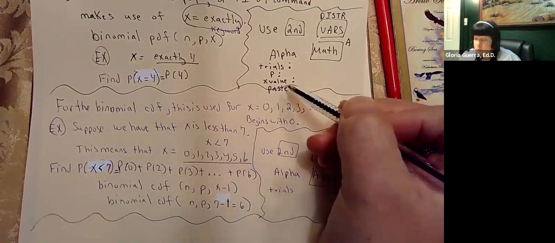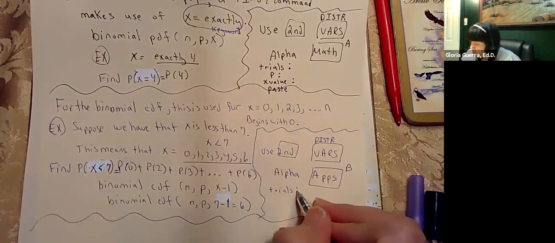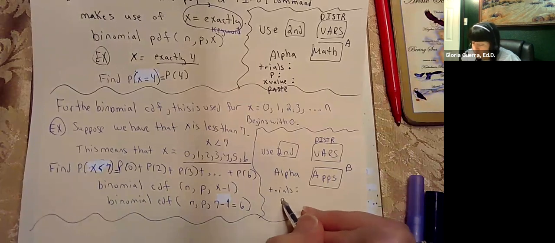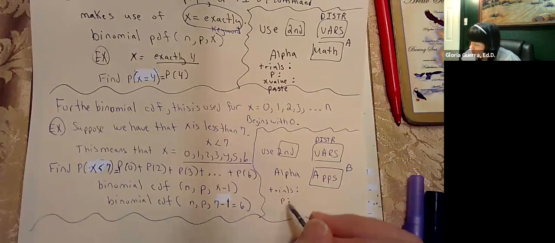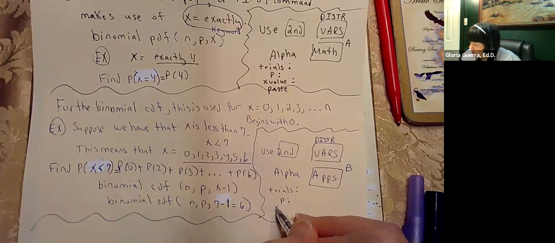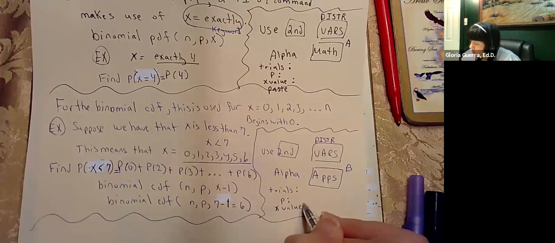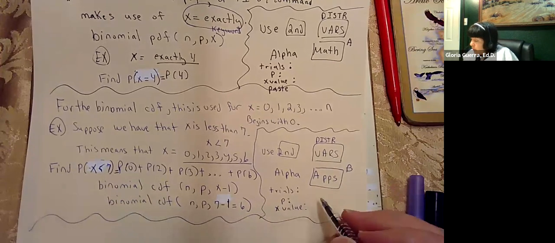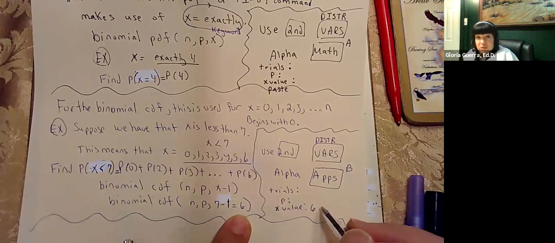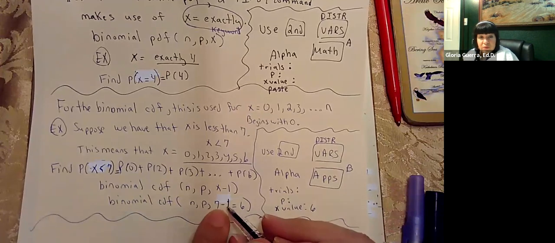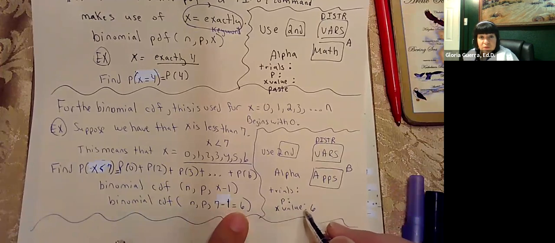See, you're still going to have to put in your trials, which is your n value. You still have to list your probability. You still have to list your x value. And here your x value will be 6 for this example, because it's 7 minus 1. 7 minus 1 is 6. So this is your x value. Okay.